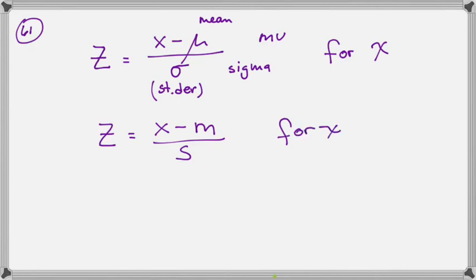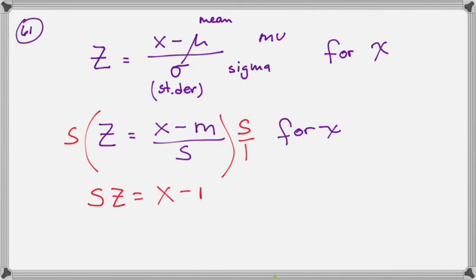What is the first step? Again, you have a fraction, so you multiply by s over 1, or just s. So that is s times z equals x minus m. What is the last step to get x by itself? Add m.